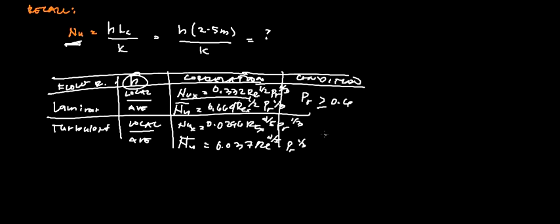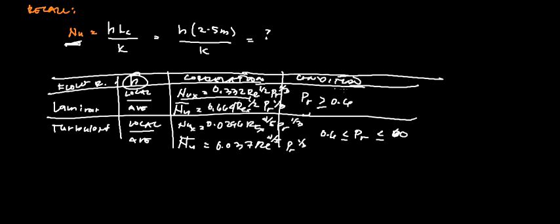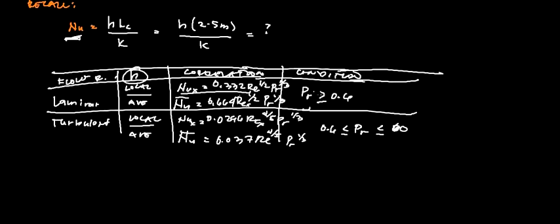That is for the condition 0.6 less than or equal to Pr less than or equal to 60, so ranging from 0.6 to 60. If you have a different condition, you need to search for different data or equations. This only applies to these Pr conditions.